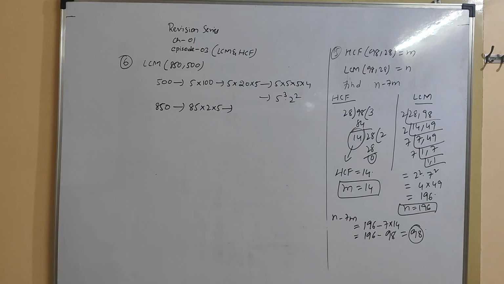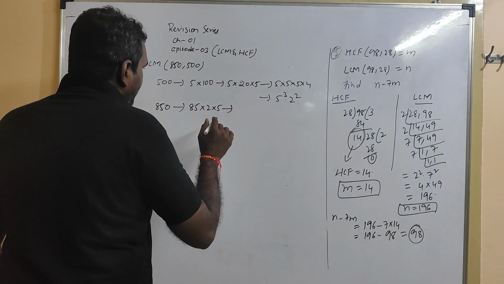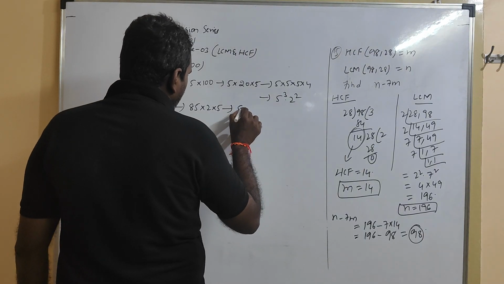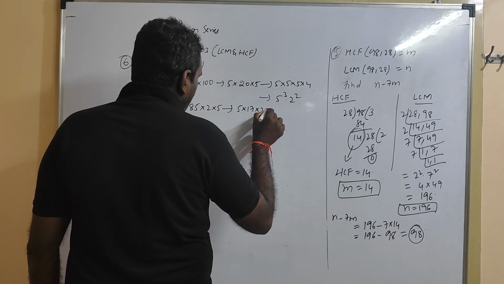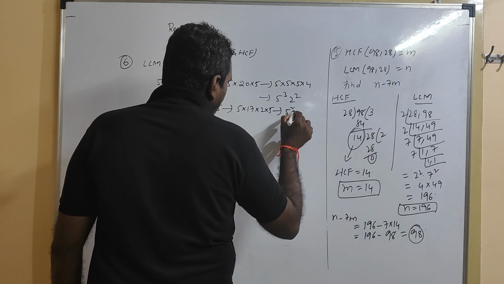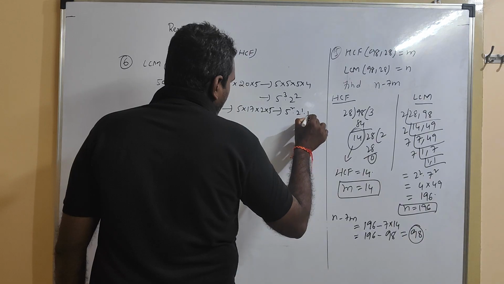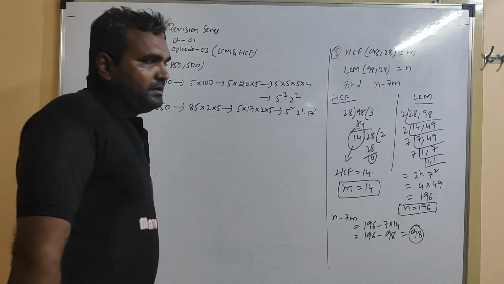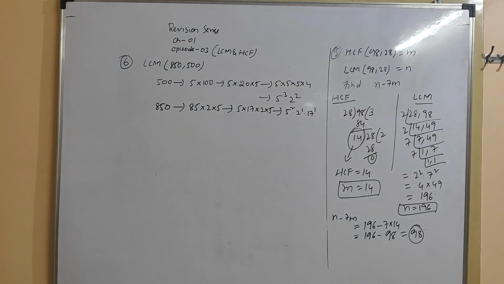And 85, 5 table how many times? 17 5s are 85, right? So 5 into 17 into 2 into 5. So what will I get? 5 square into 2 power 1 into 17 power 1. This has to be the prime factorization for 850. Clear?